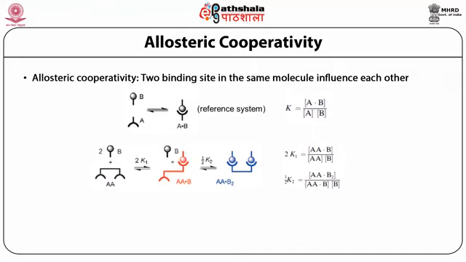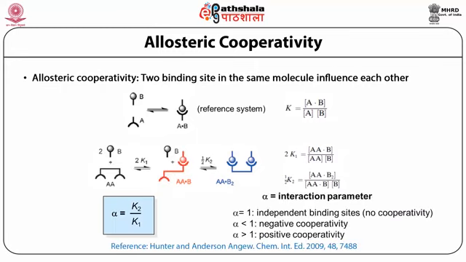In the next step, the other B molecule binds to the other binding site, and forms this blue final product, the completely bound state, with association constant half K2. Again, half is the degeneracy factor, and the corresponding association constant is given in the equation. Now, if we take the ratio of K2 divided by K1, that is given by a parameter called alpha. This alpha is called the interaction parameter.